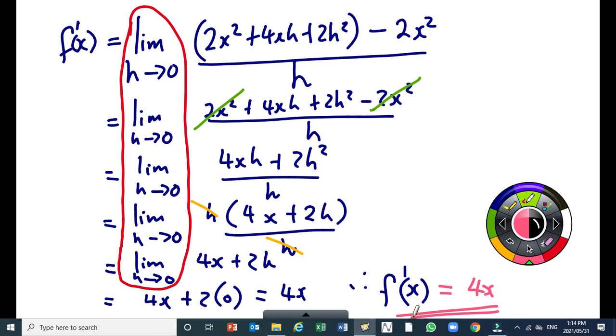To determine the exact gradient, you need to know the value of x at that point. In this case, it won't be given. You will just be asked to determine an expression for the gradient, and for f of x equal to 2x squared, it will be equal to 4x.